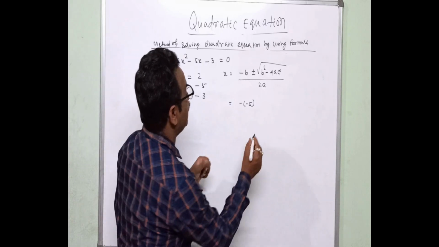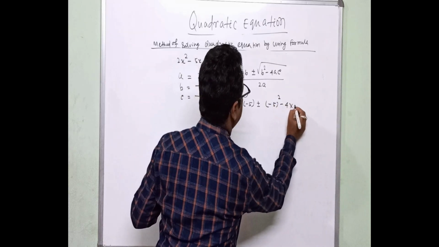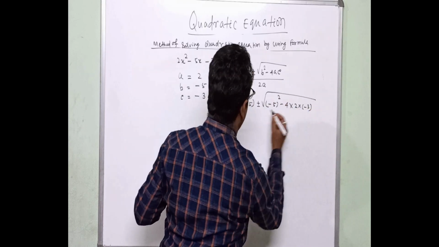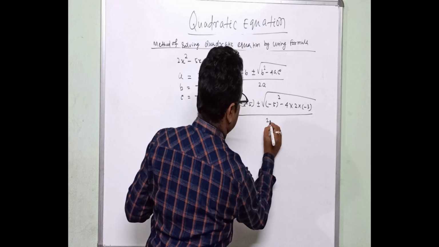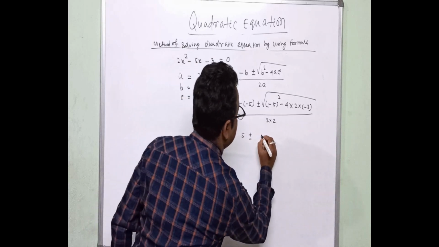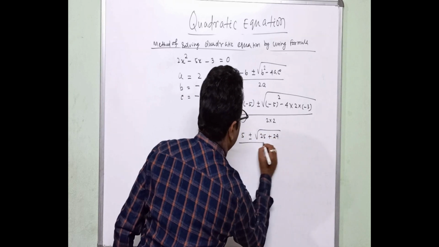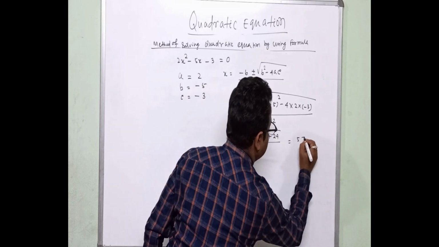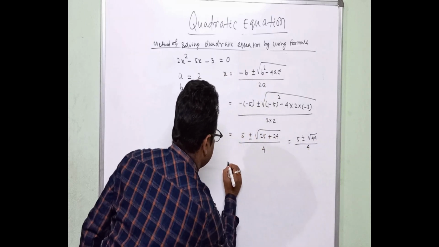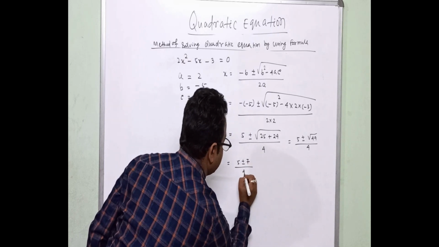So minus of minus 5 plus minus root over minus 5 square minus 4 into 2 into minus 3, whole divided by 2 into 2, that is equal to 5 plus minus root over 25 plus 24 by 4, that is equal to 5 plus minus root 49 by 4, that is equal to 5 plus minus 7 by 4.